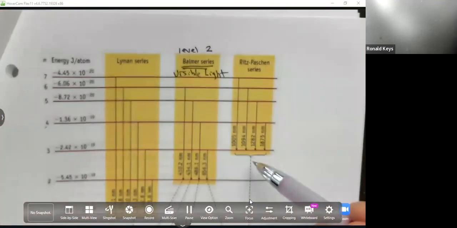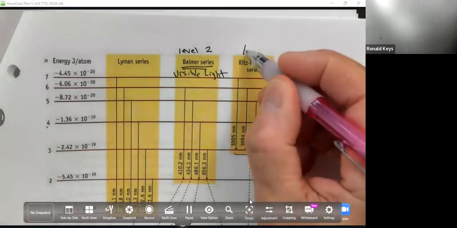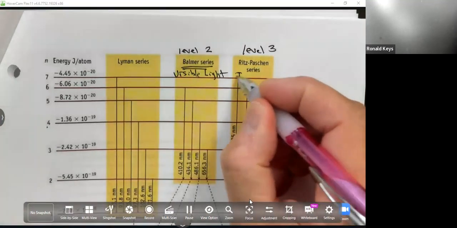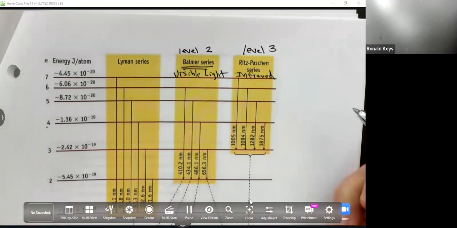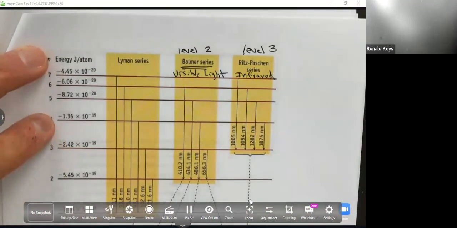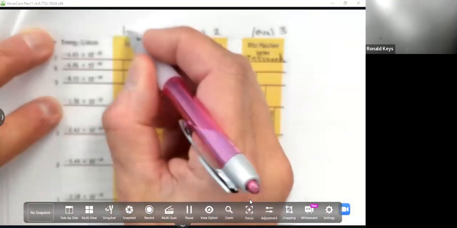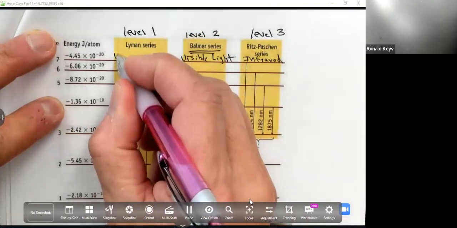The Paschen series, notice it comes down to level 3. This is infrared. We do not see this. And the Lyman series drops down to level 1. This is UV, ultraviolet.